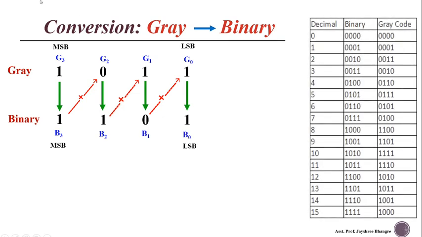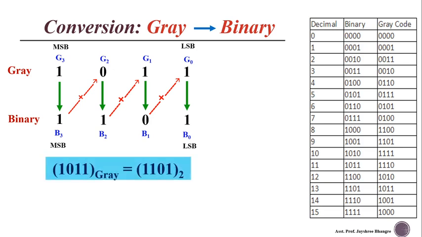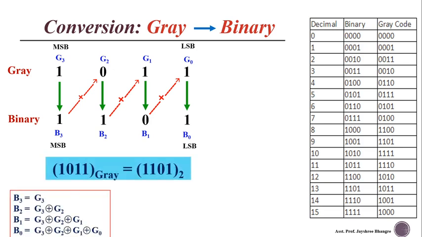So let's check. Here the gray number 1011 is given, and its equivalent binary is 1101. If we summarize the operation of gray to binary, B3 is equal to G3, B2 is equal to G3 XORed with G2, B1 is equal to G3 XORed with G2 XORed with G1, and B0 is equal to G3 XORed with G2 XORed with G1 and XORed with G0.